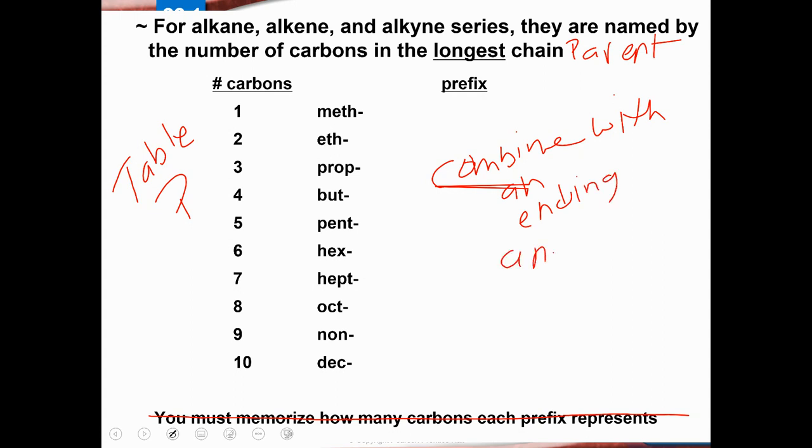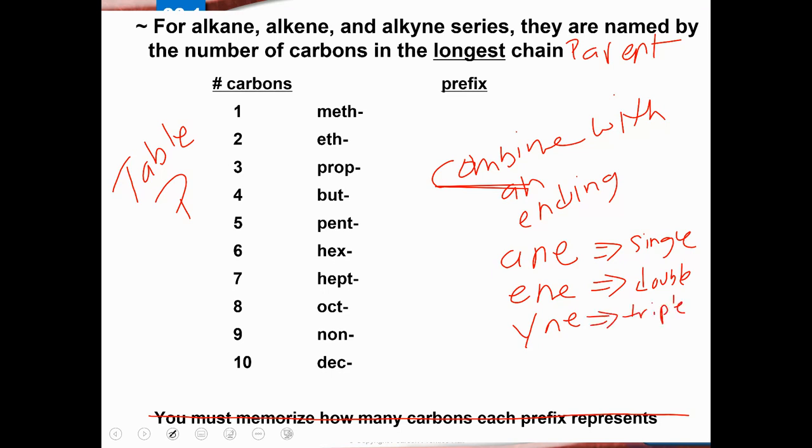Either it's going to end in A-N-E, E-N-E, or Y-N-E. A-N-E is going to be a single bond. The E-N-E will be a double. And then the Y-N-E will be a triple bond.